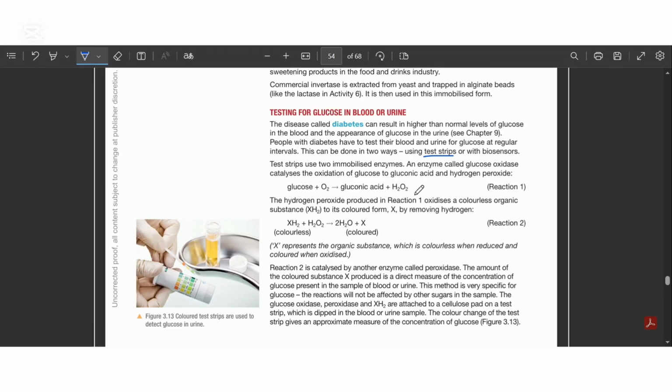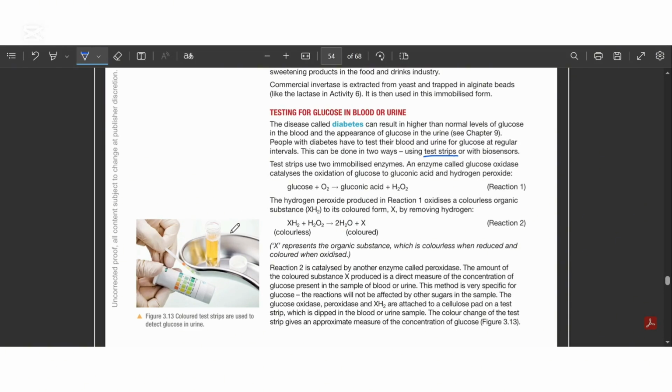This is a part of your textbook, and information I have obtained from it is that for testing glucose in urine, they normally use biosensors which have test strips, as you can see. These test strips have immobilized enzyme bound to them right over this place. Whenever these strips are brought into contact with the urine sample, either dipped or the sample is somehow transferred to the strips, they change color.